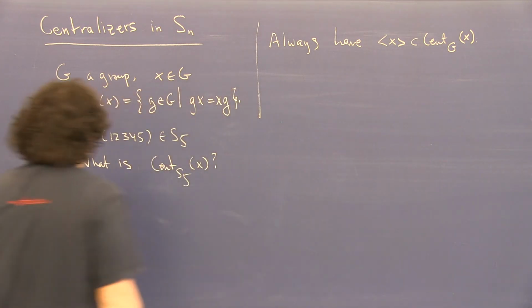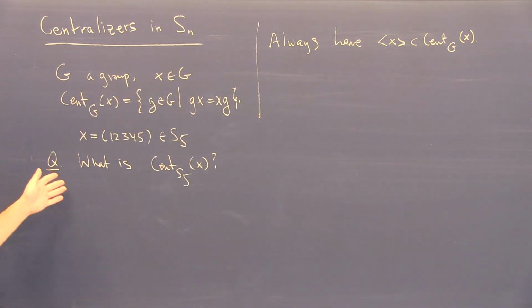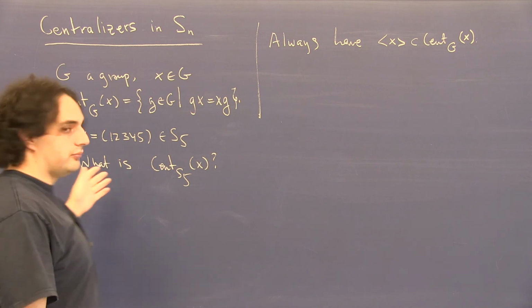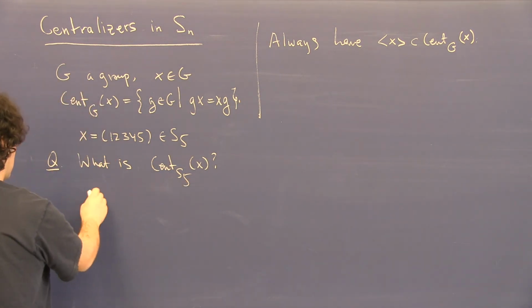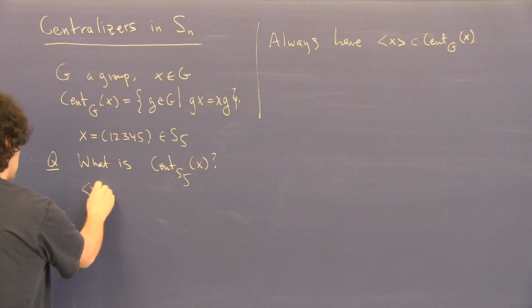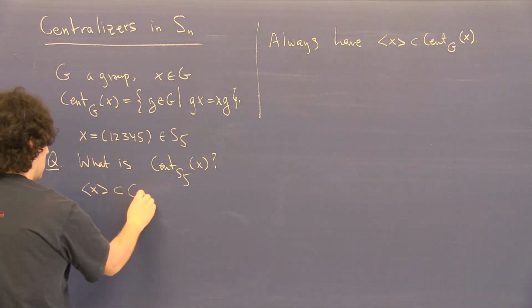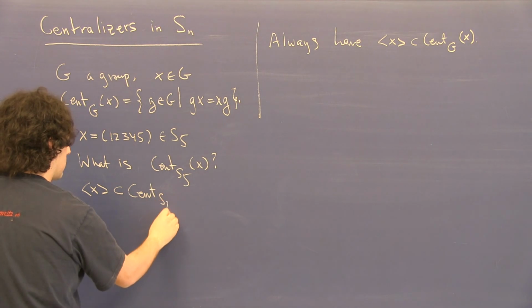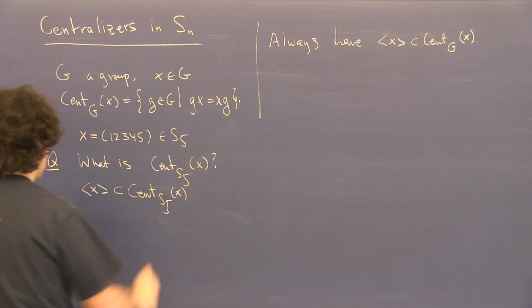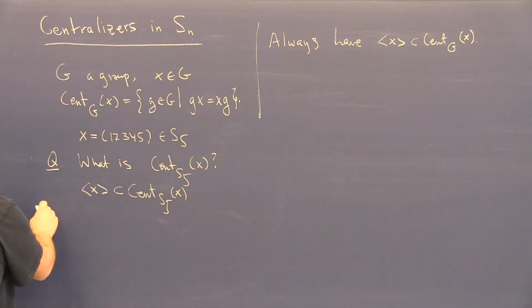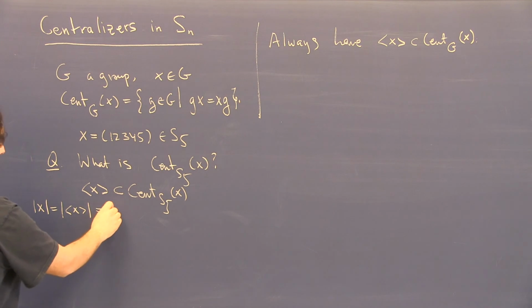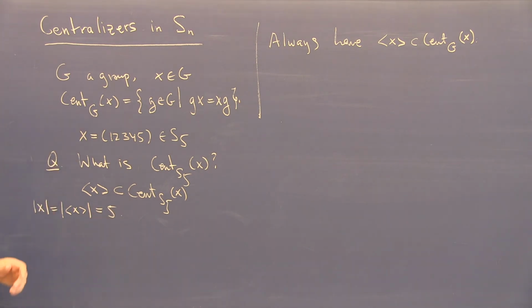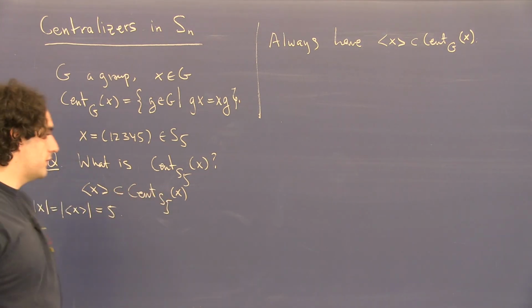And so in this case of the symmetric group, what that is telling us is that the subgroup generated by x is contained in the centralizer in S5 of x. And we know that the order of x, which is the order of the subgroup that it generates, is equal to 5 because x is a 5 cycle. Now, is there something else in the centralizer?